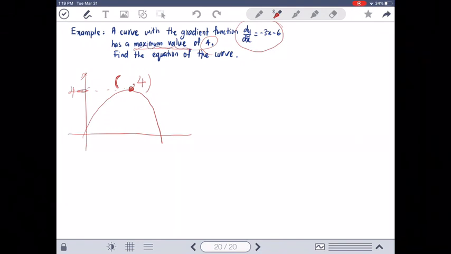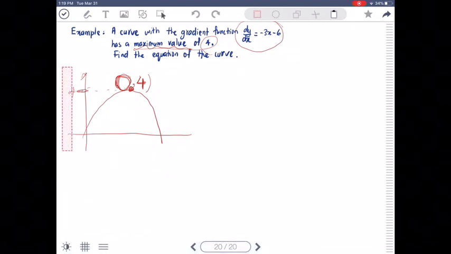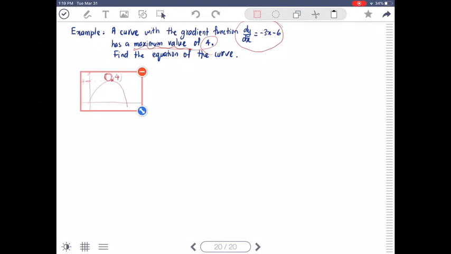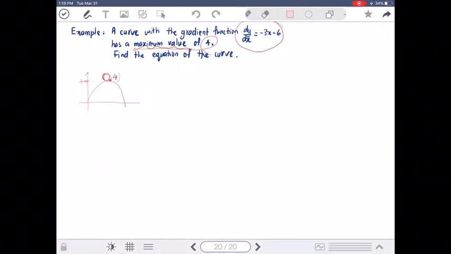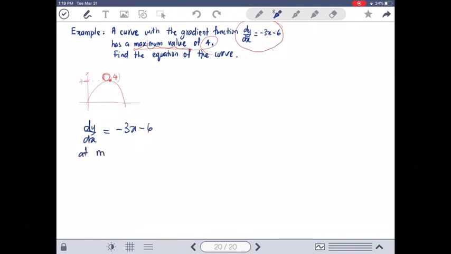So when we talk about maximum value, we know that this is 4. We need to find the corresponding value of x. Okay, how to find that? Given that the gradient function dy over dx equals negative 3x minus 6. At maximum or minimum, dy over dx is equal to 0.